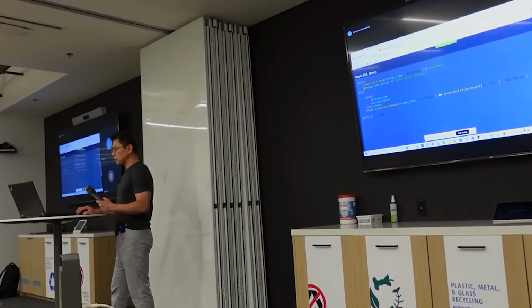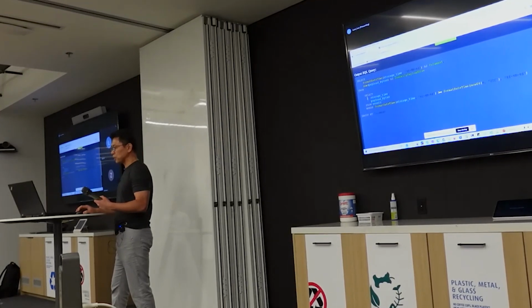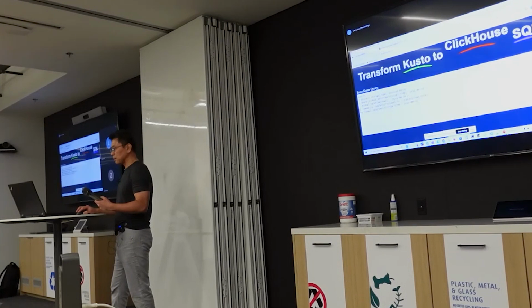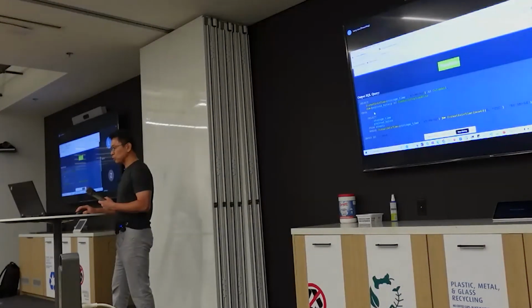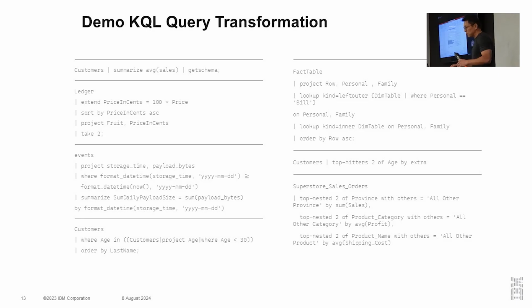You see there's a subquery and the outer query consumes the result of this subquery. So this is how the pipe got translated. They were translated into subqueries.